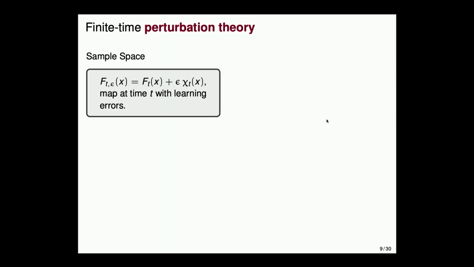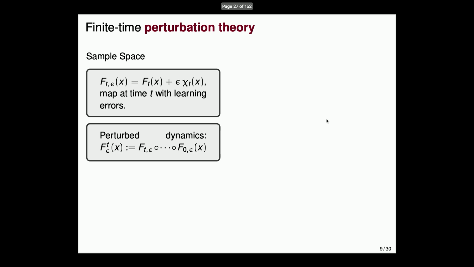When epsilon is 0, you have a true generative model that is going to produce samples from your target distribution, and if epsilon is non-zero, it is going to produce something else. So the perturbed dynamical system again has the same notation. You have f to the t, where the exponential notation is just the composition. So this should be t minus 1, my bad. It is the composition of t steps.